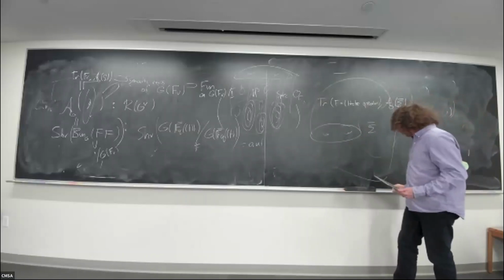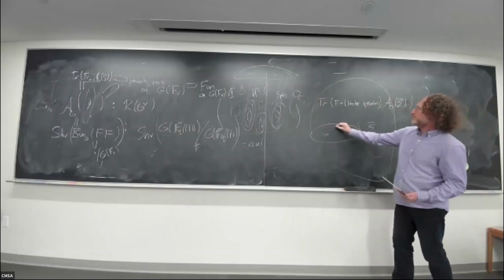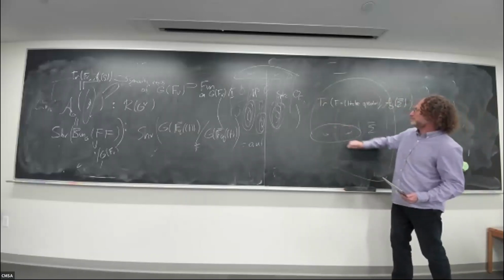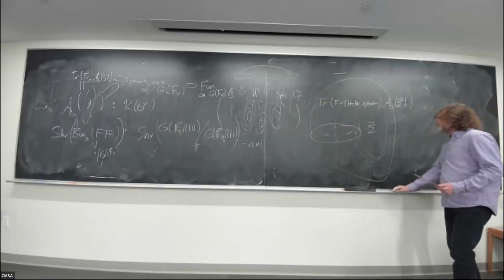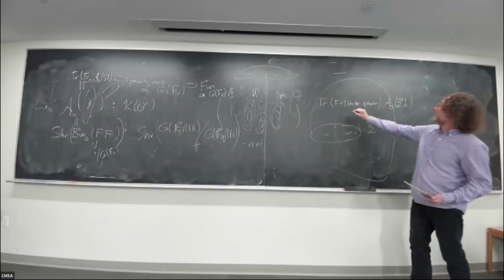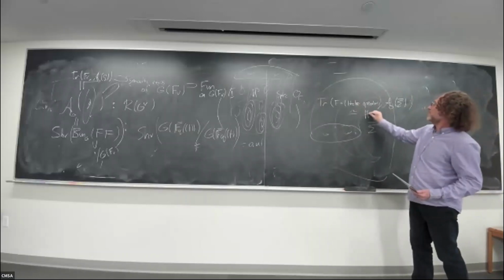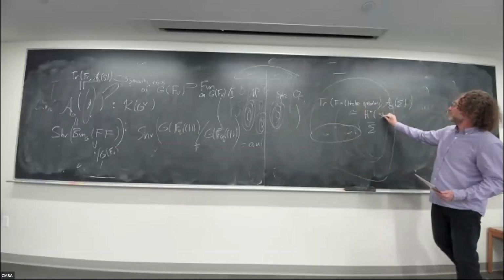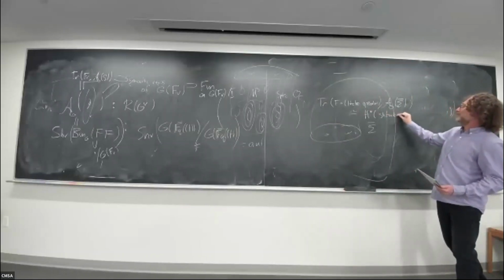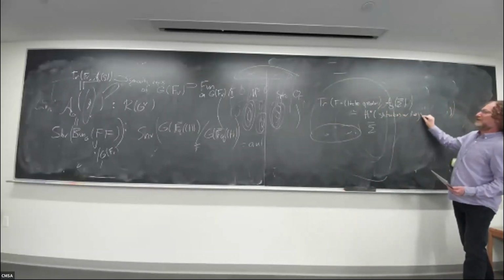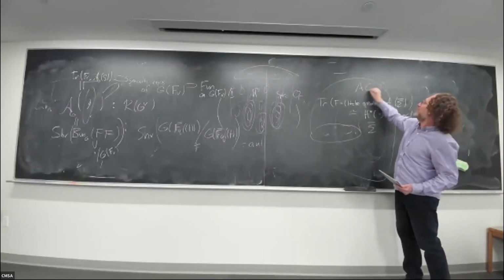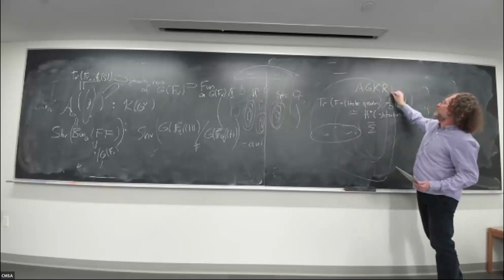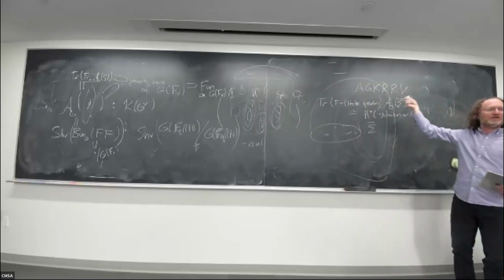And then I have some places where I put in these loop operators. That's a picture we had last time. And there it's a deep theorem of AGKRRV that this is the cohomology of the space of shtukas with suitable legs. They weren't necessarily in QFT language, but this is something that's very natural for them.